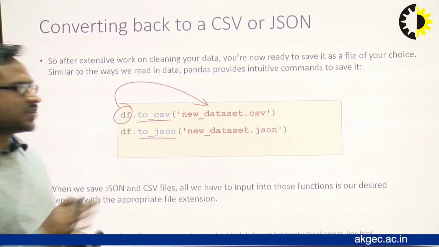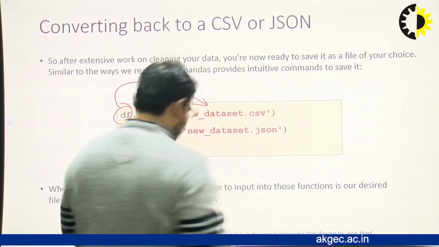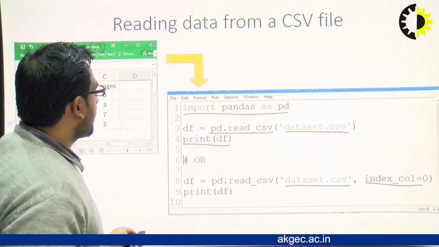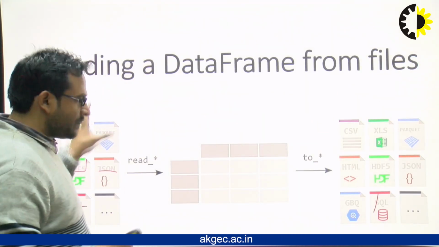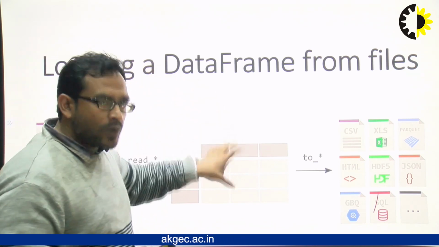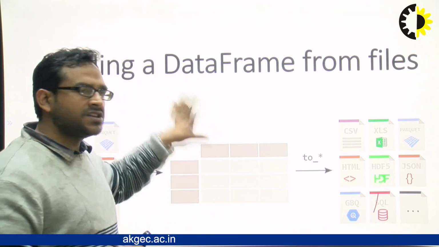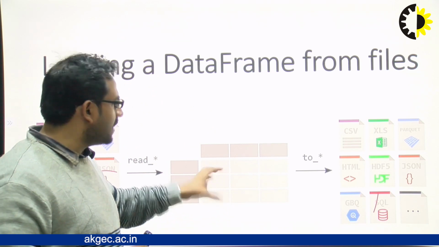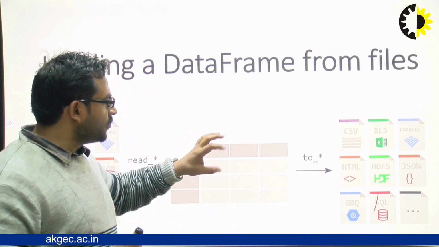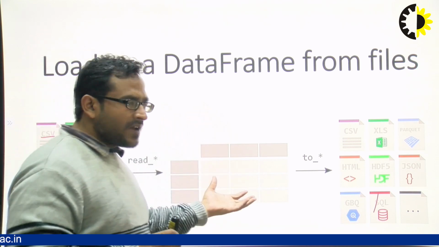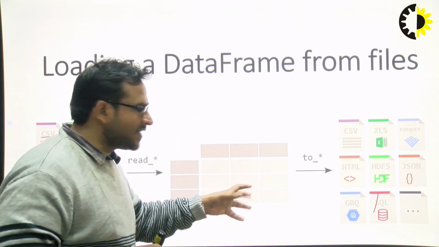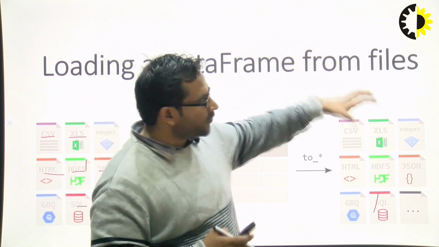So just understand one thing through this. This is the file I am reading into a data frame, then pre-processing, manipulation, data visualization, whatever we want to do in this particular data frame. When the work is done, the data frame is ready. When the data is ready, that particular data frame is stored into a CSV file.